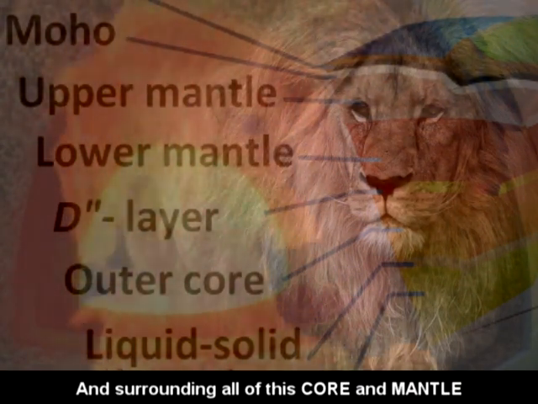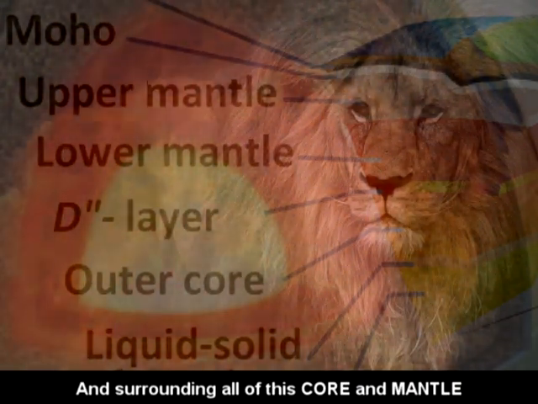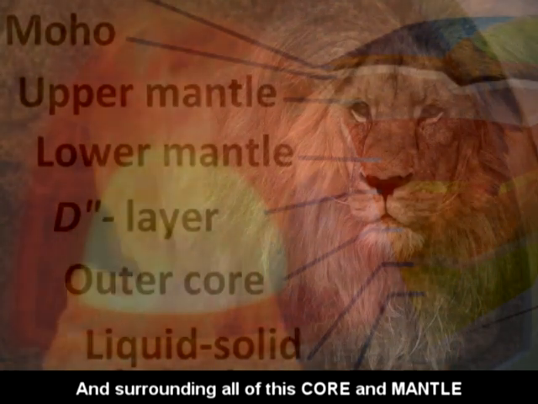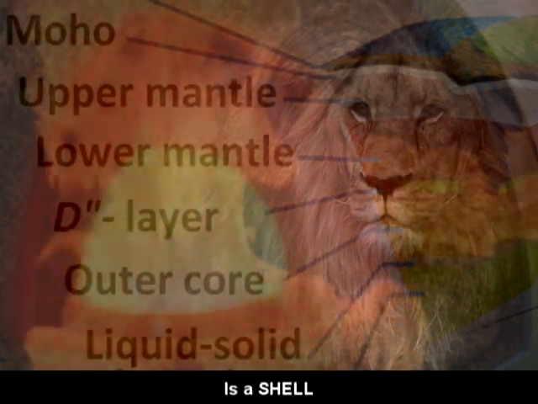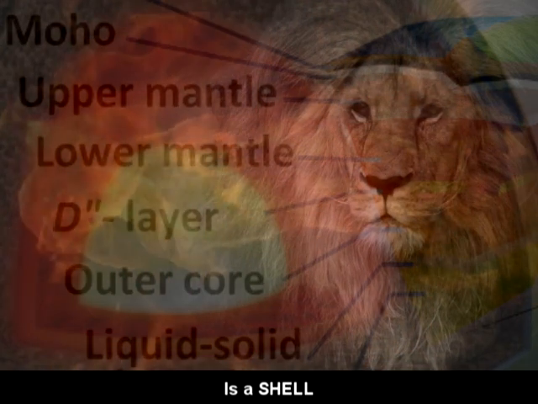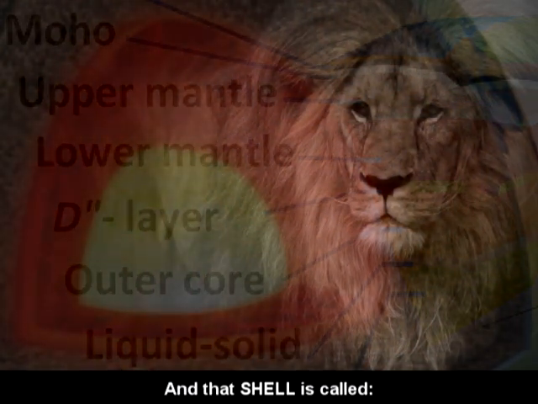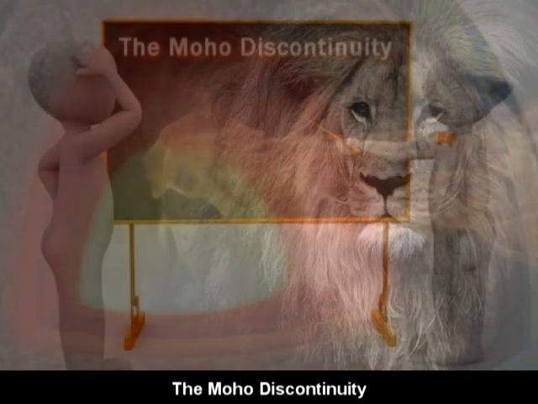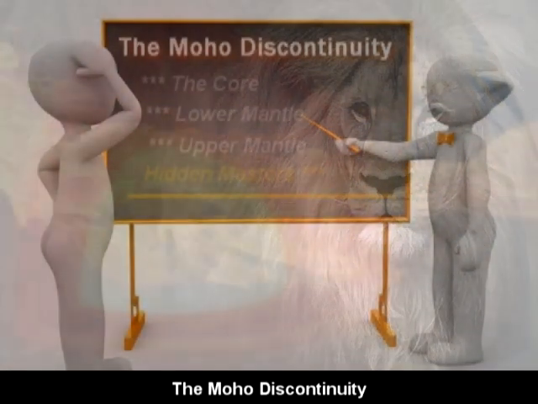And surrounding all of this core and mantle is a shell. And that shell is called the Moho Discontinuity.